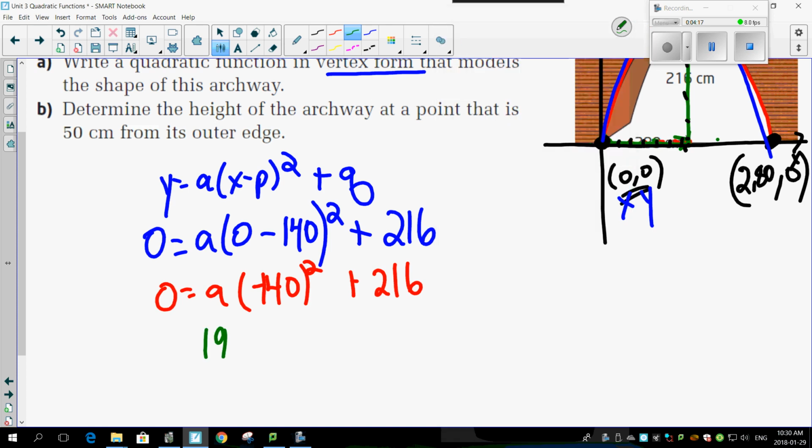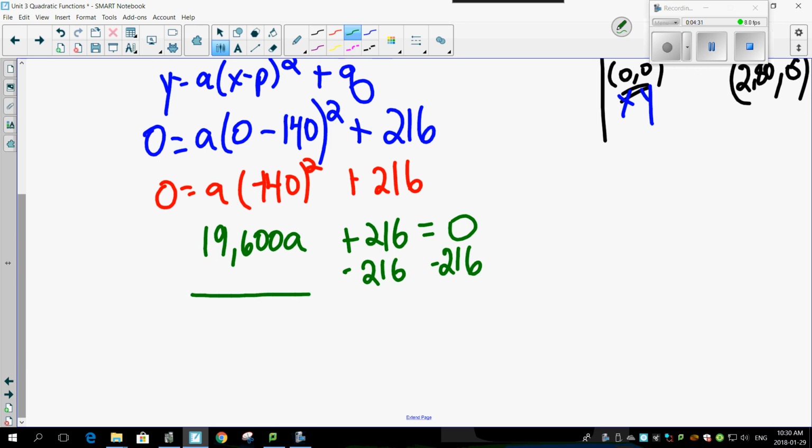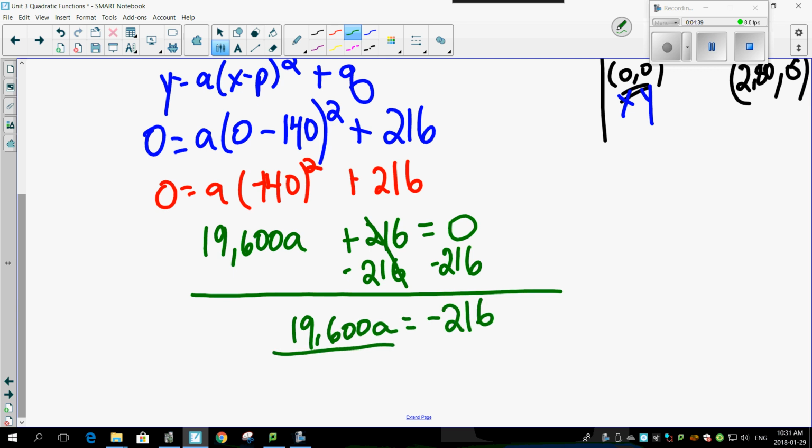So 19,600 a's plus 216, that all equals 0. Now, I can subtract the 216 from both sides. Okay, and it's not going to be an addition, it's going to be a division right away. And that's where I made my calculator mistake earlier. Oh, well, I'm only human. Okay, that works out to be negative 216. Divide this by 19,600.